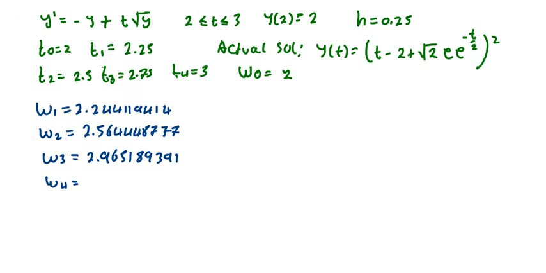You're going to end up with 3.451281186. Then w5 is going to be equal to 4.027938166.